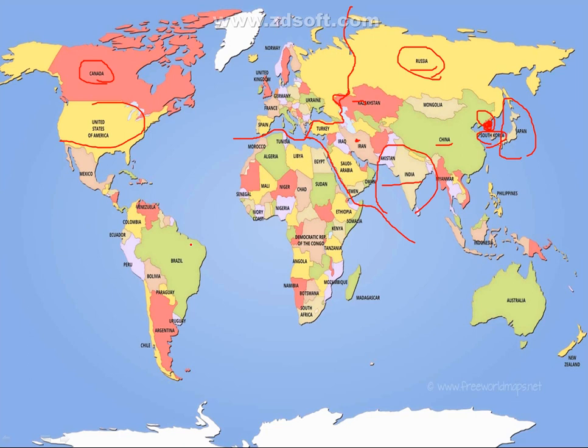Guys, that's interesting to know. I really didn't know for a long time that Venezuela has the biggest reserves of oil. That was quite interesting for me to know.